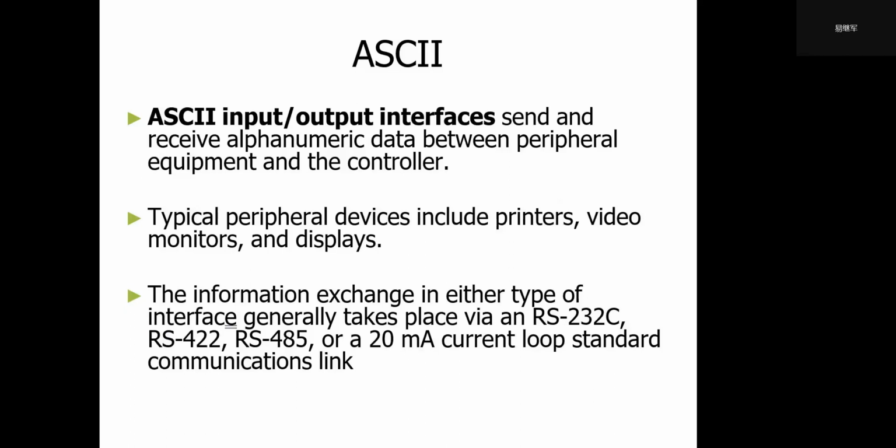The information exchange in either type of interface generally takes place via an RS-232C, RS-422, RS-485, or a 20 mA current loop standard communication link. Last class, I introduced communication between the PLC and the computer. I used the RS-485.